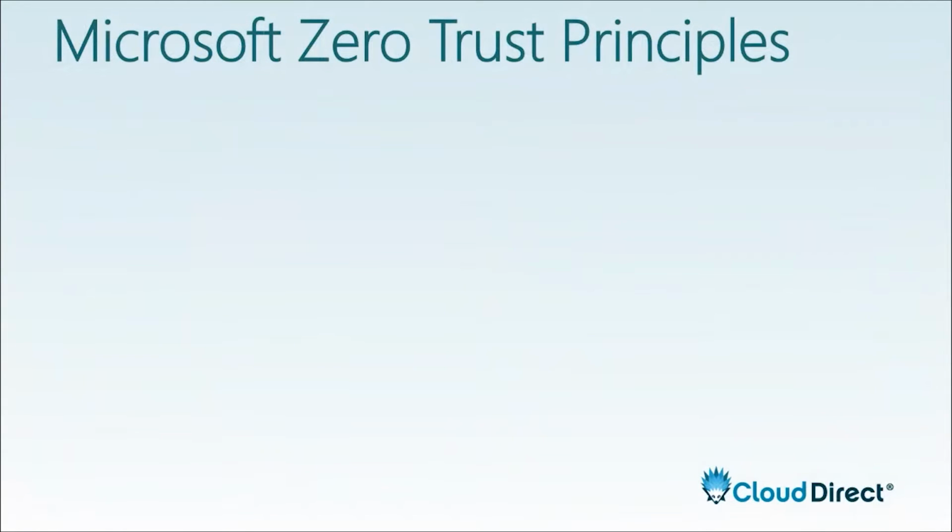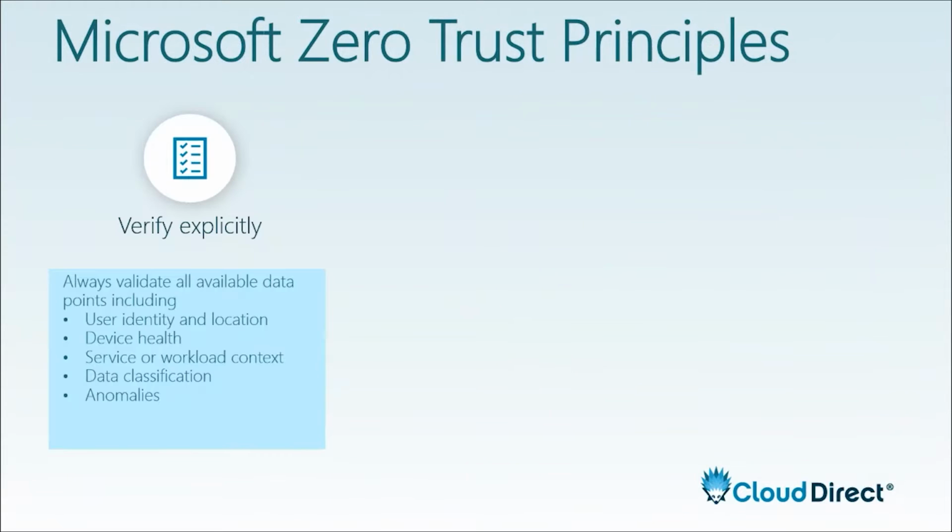But Microsoft have taken those principles and distilled them down into a number of key principles. The first is about verifying explicitly. So always validate all available data points, including user identity and location, device health, service or workload context, data classification and anomalies.